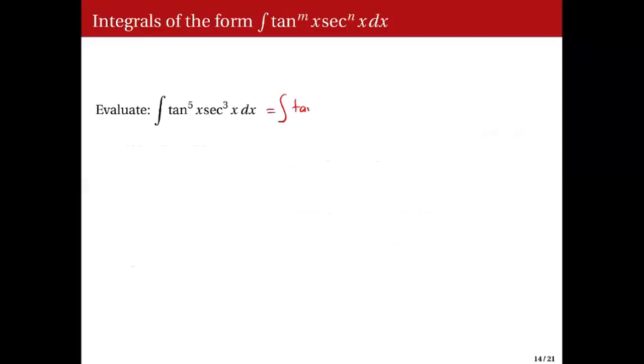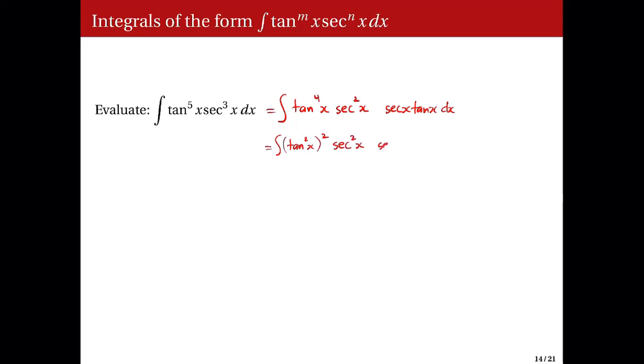So we will have tangent to the fourth x, secant squared x, and then here you have secant x tangent x dx. And then this tangent to the fourth, we will write as tangent squared x quantity squared, and then you have your secant squared x, and then you still have your secant x tangent x dx.